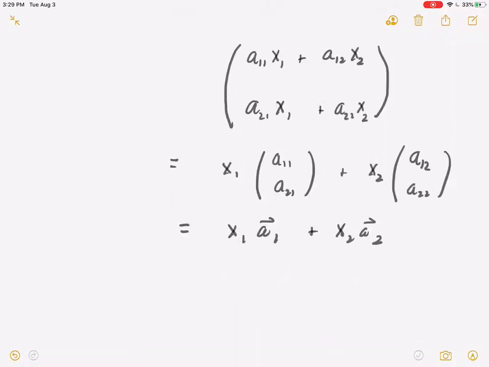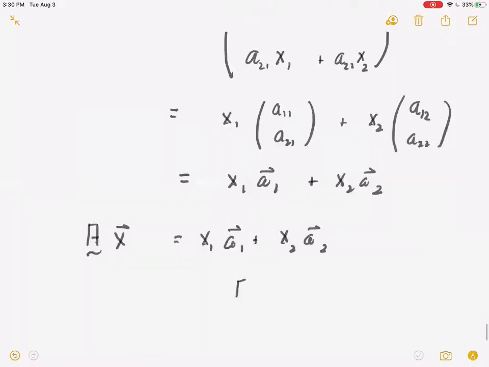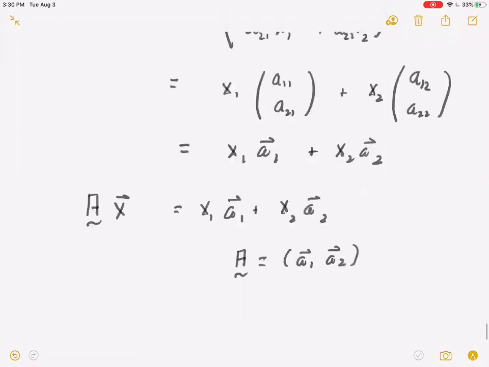Namely, if you take a linear combination of two vectors, A sub 1 and A sub 2, you can always write it as a matrix A times the vector X, where A is a matrix whose columns are A sub 1 and A sub 2 respectively, and X is a vector whose components are X sub 1, X sub 2.